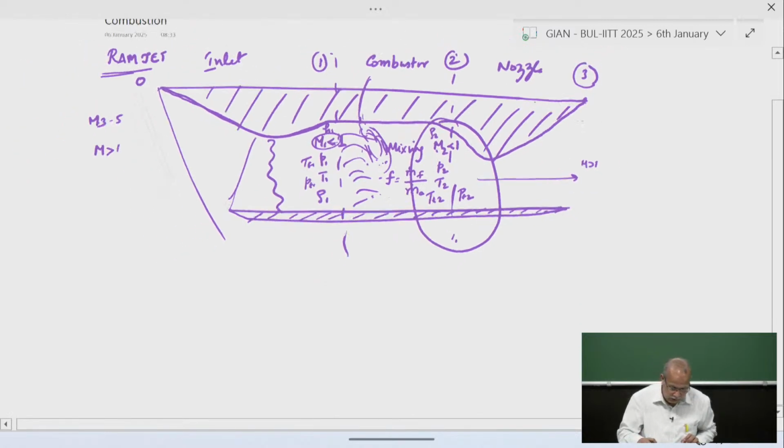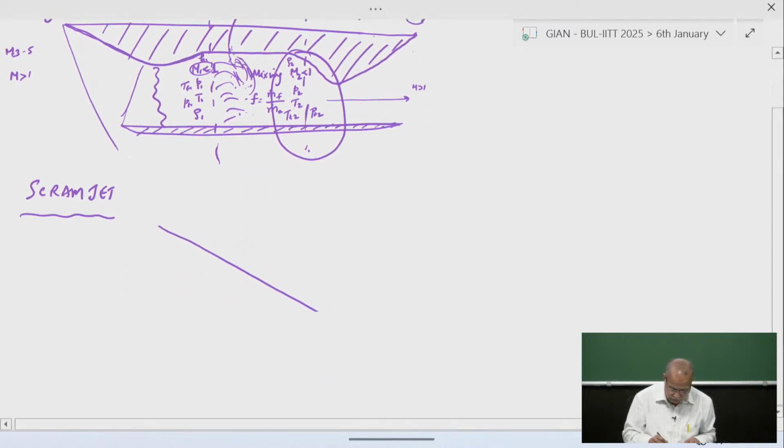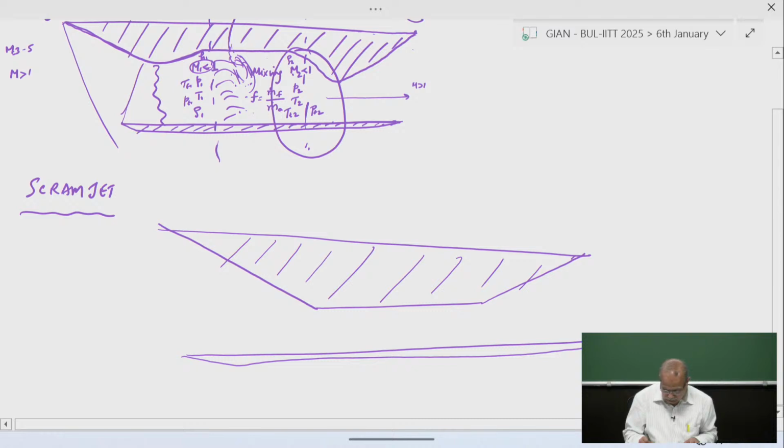Now if you look at the scramjet engine, the configuration is very generic at the moment.